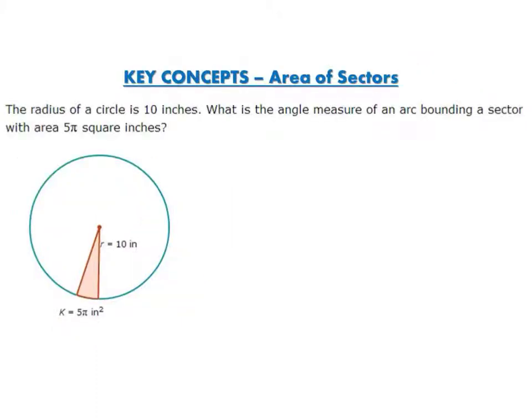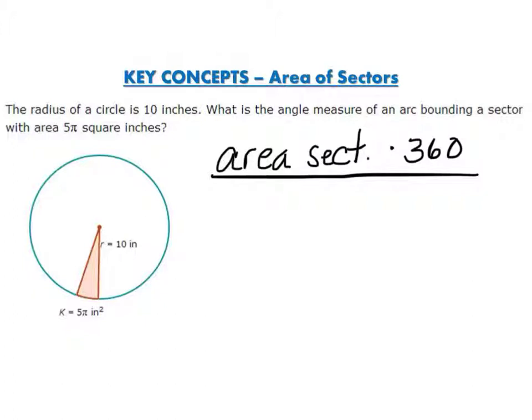The next concept is when we know the area of the sector and they want to know the angle measure of the arc. So what you're going to do on this one is you are going to take the area of the sector times 360 and then divide it by r squared, whatever the radius is squared.